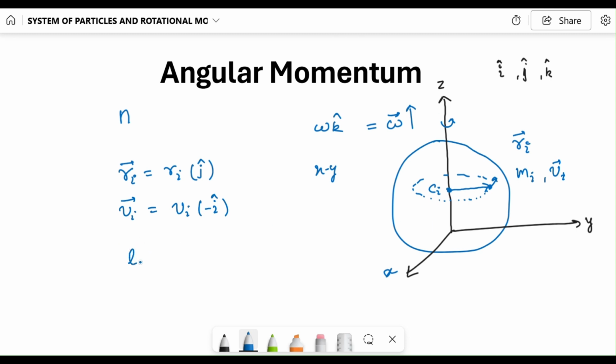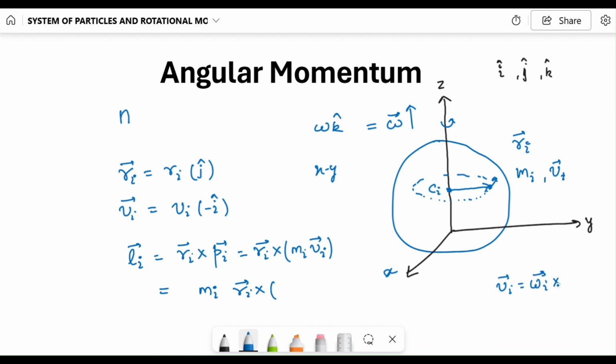Let's say we are trying to get Li here. It will be ri cross pi, and p can be written as mi vi. Mi is a scalar quantity, so we can take it out, and then we will have ri cross vi, and vi can be written as omega cross ri.